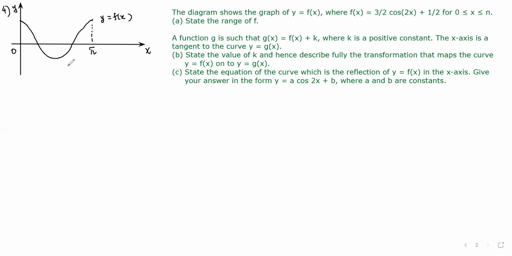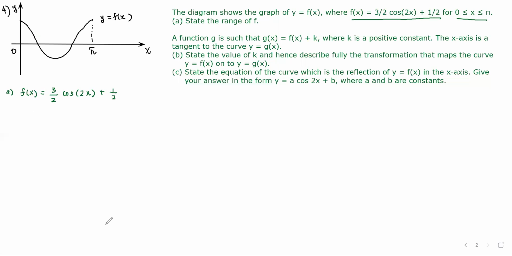Question 4. You're given a diagram of the function f(x), where f(x) is a cosine function for x in between 0 and pi. Part A, you are asked to state the range of f. So if you look at the function f(x) here, that is 3 over 2 cosine 2x plus 1/2.